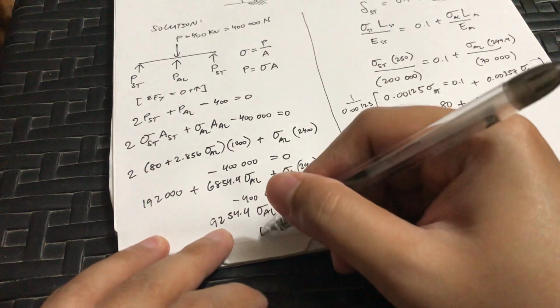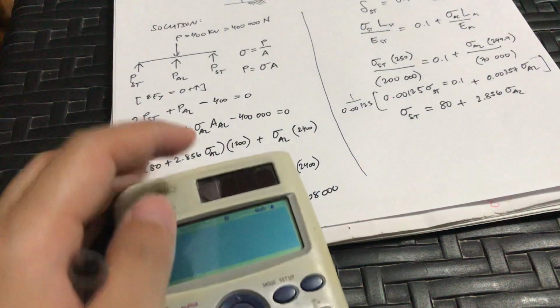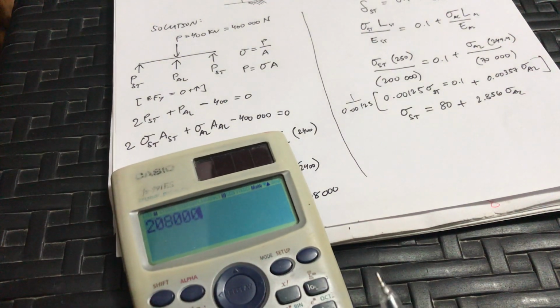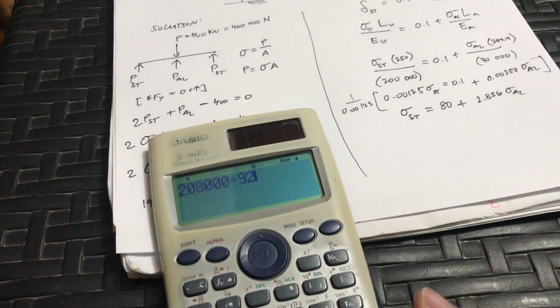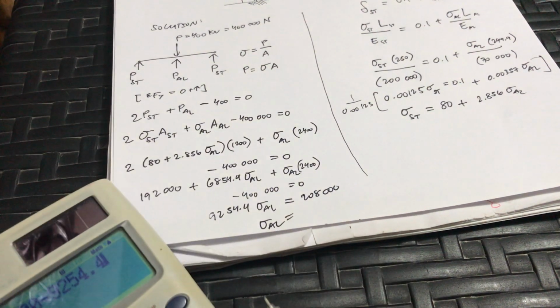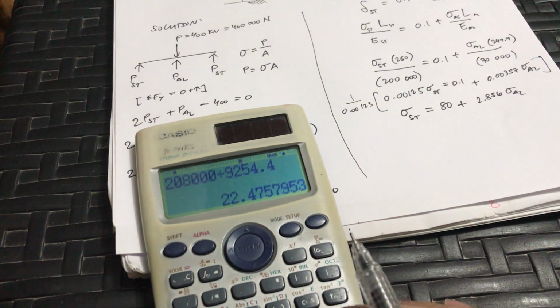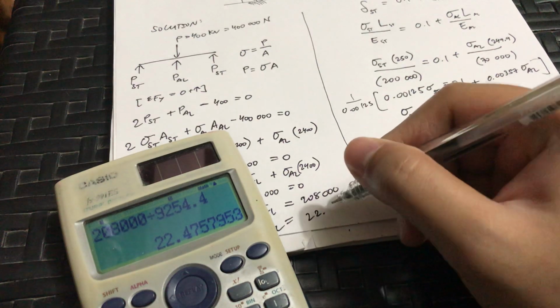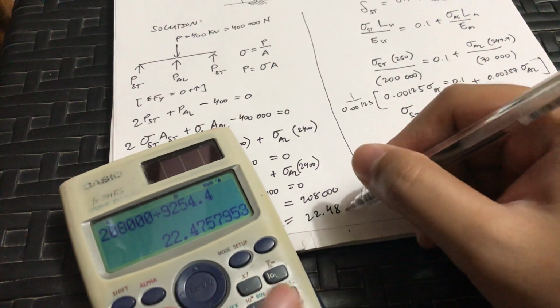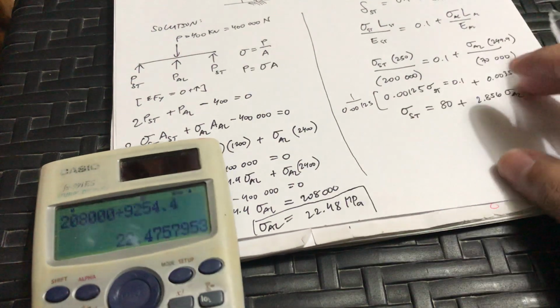Solving for the stress of the aluminum, we get 208,000 divided by 9254.4, we get 22.48 MPa. Okay, we have the first answer for the aluminum.